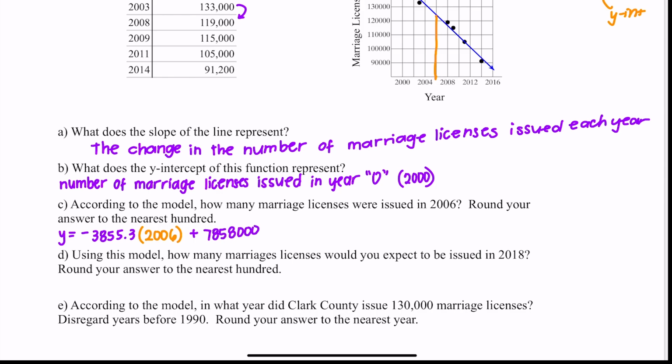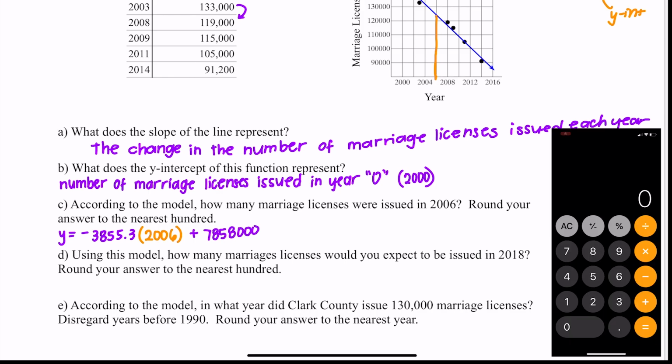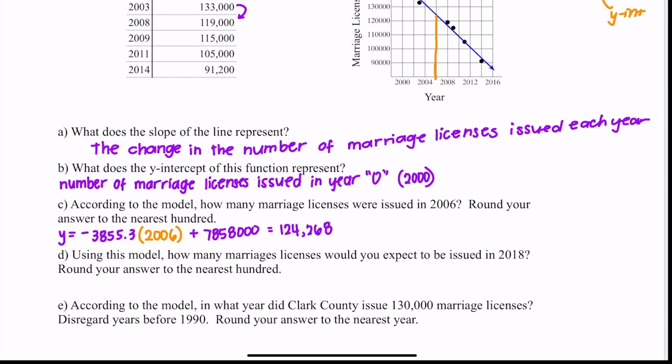All right, and so I don't expect you to know this mentally, so you could just plug it into the calculator. So multiply that number by 2006, and you're going to get that number, and then add our y-intercept value, and we have our new y value: 124,268 and 2/10.